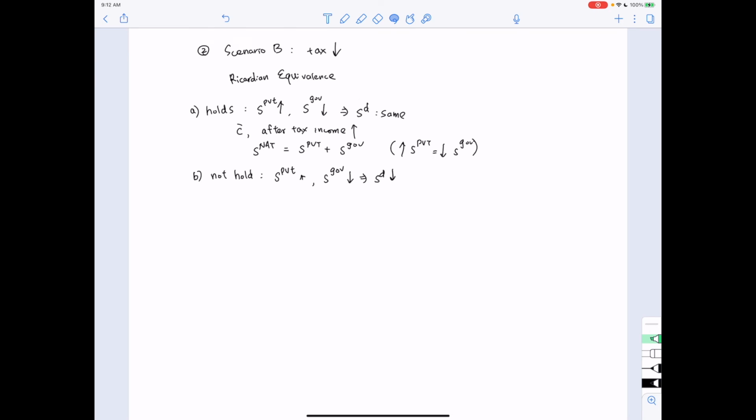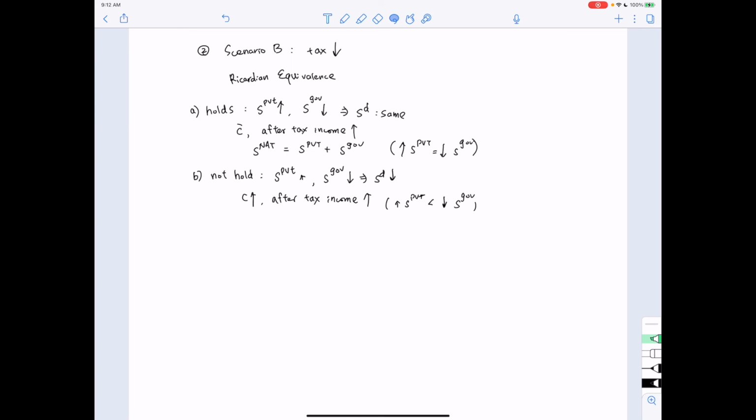It turned out that the household faces a higher after-tax income, and then the household will choose to consume more. Compare with the earlier case, when the Ricardian equivalence holds: when the household faces a higher after-tax income, they choose the consumption to be the same, so private saving should increase.